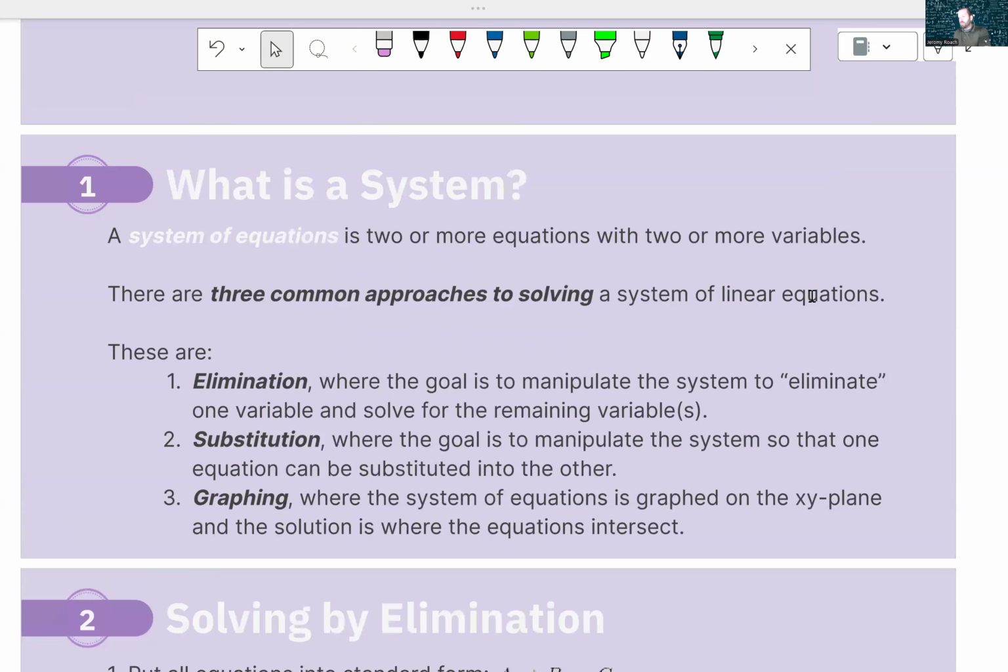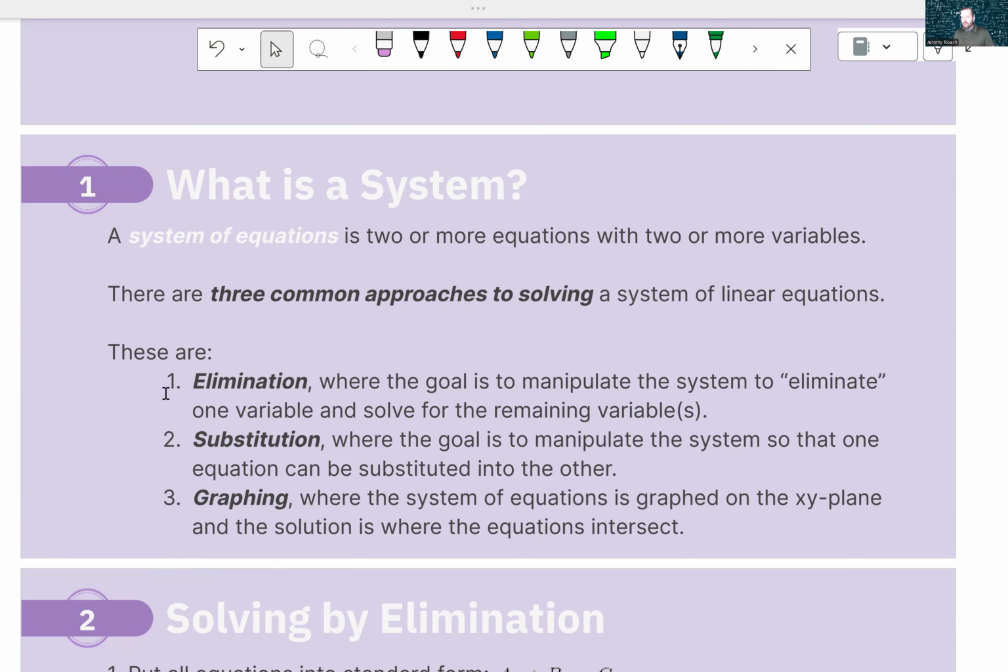If we graph two lines, we want to find out where those lines cross. If they cross at one point, that is the solution to our set. We'll look at an example with graphing in just a moment.